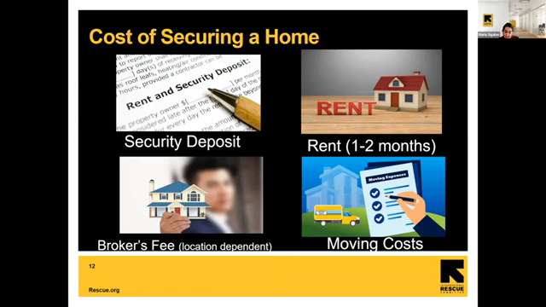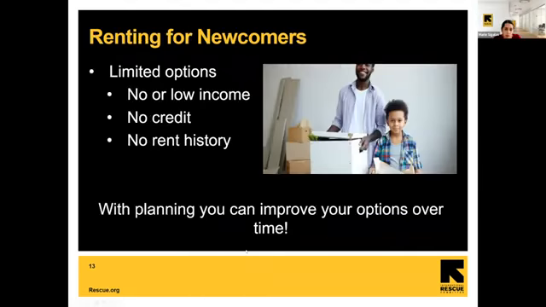It's not the case in every city, but if you're working with a real estate agent, ask them before you start working with them, so they don't charge you a fee later.